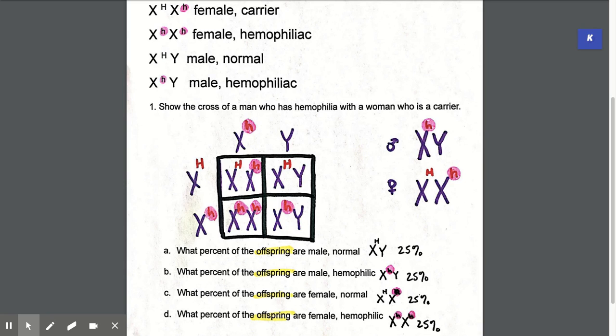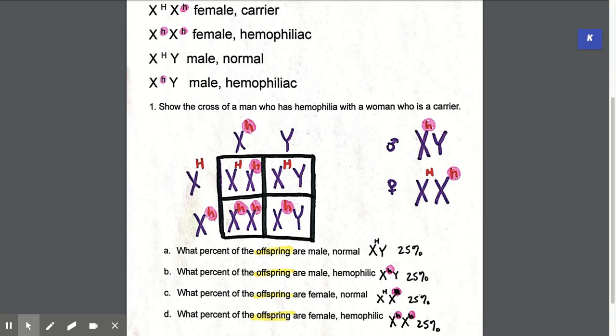So let's set up our Punnett square here. Let's set up our cross. Here we have our X and Y across the top, and then our X and X on the left. Note that you must carry those superscripts. So here we have the X capital H, X lowercase h.